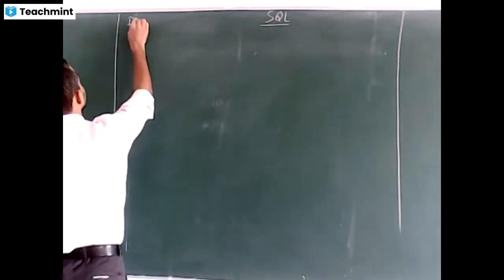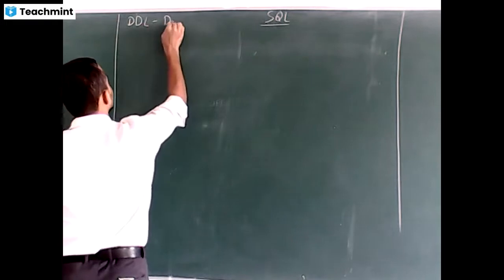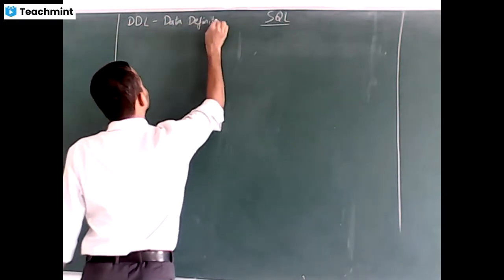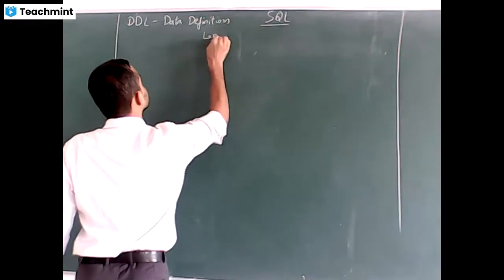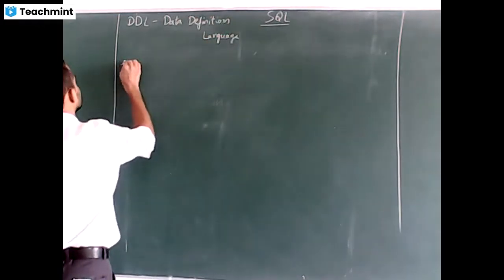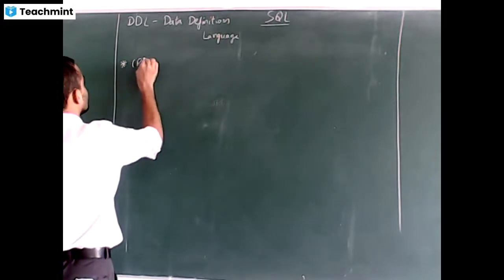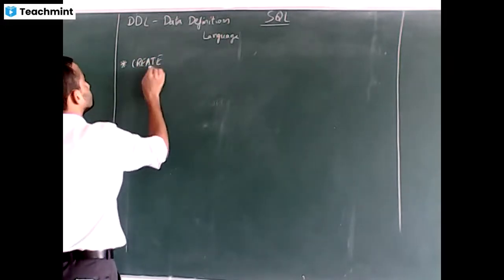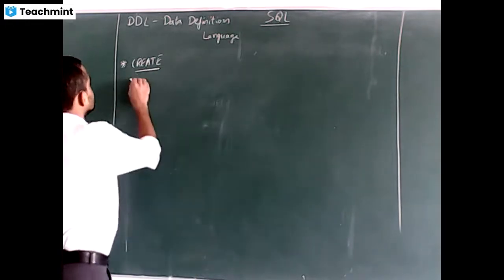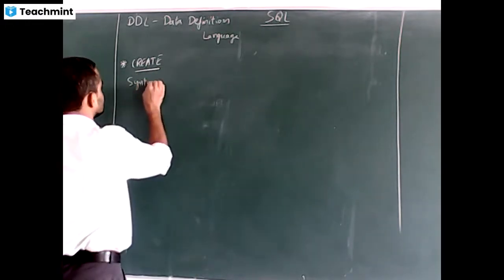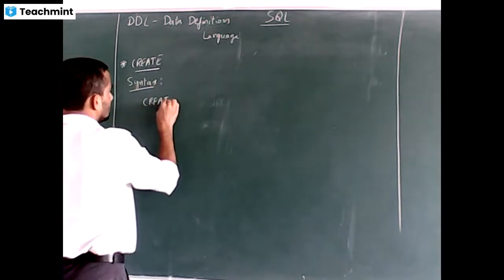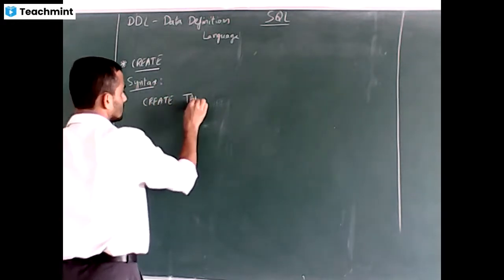So in DDL, data definition language, the first command is the create command. The syntax of create command: create is a keyword followed by table.